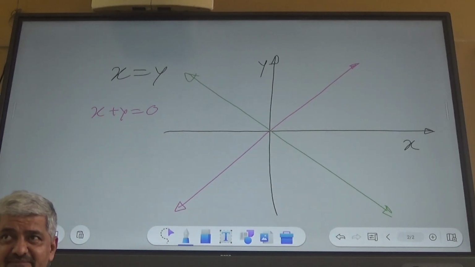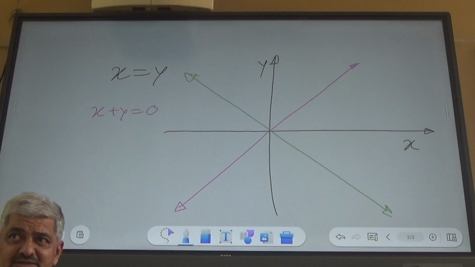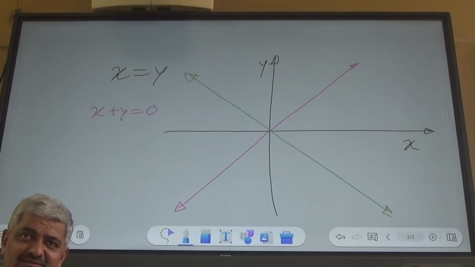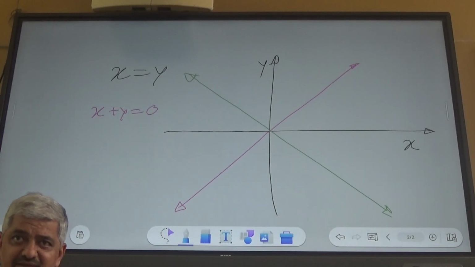Do you agree with it? And if you agree, then what we answered earlier is either wrong or incomplete. Either you correct it or complete it.